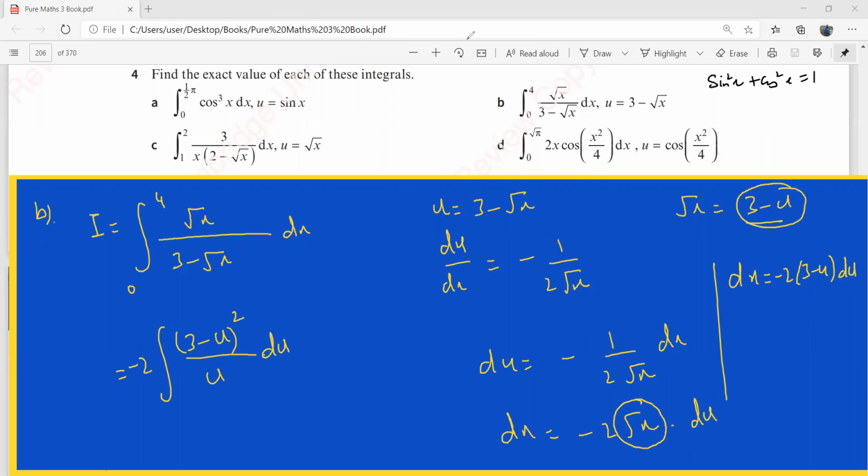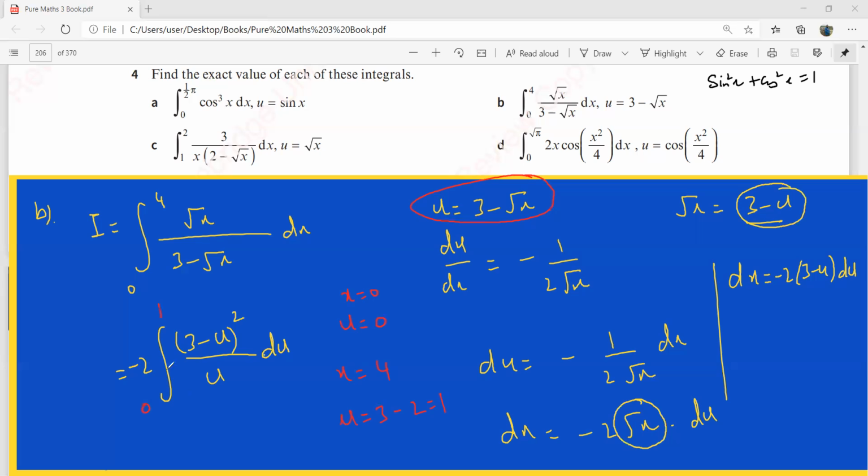Now let's think about these limits here. When your x is 0, your u is going to be 3 minus 0, that is going to be 3. And when your x is going to be 4, your u is going to be 3 minus under root 4, and that will give you 1. So the limits are going to be from 3 to 1.